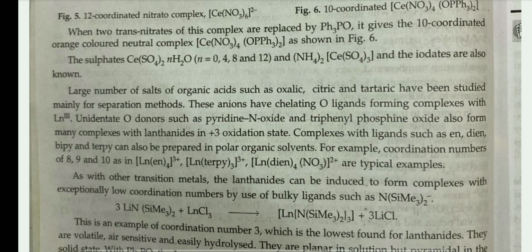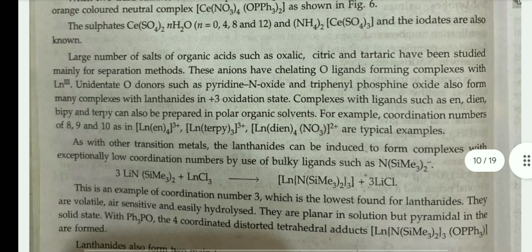These anions have chelating O ligands forming complexes with Ln3+. Unidentate O donors such as pyridine N-oxide and triphenylphosphine oxide also form many complexes with lanthanoids in the +3 oxidation state. Complexes with ligands such as en, dien, bipy, terpy can also be prepared in polar organic solvents.